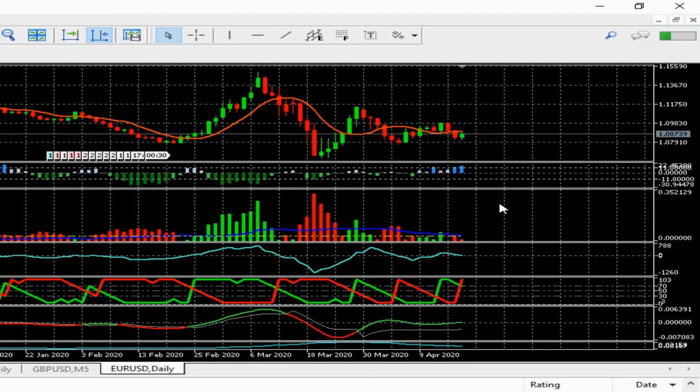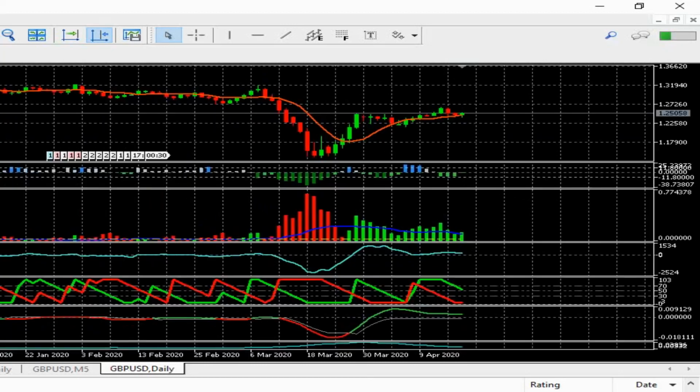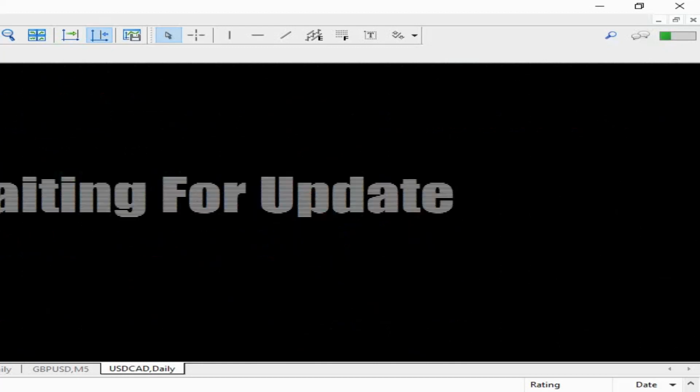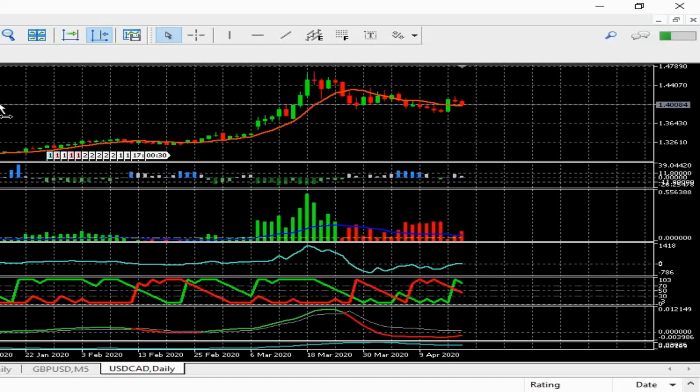Okay, so here I can see straight away, no, that is a no trade. We're on to the Great British Pound, American dollar, and I can see again that is a no trade. The Aussie American dollar, again for me, no trade. The US dollar, Canadian dollar, no trade.